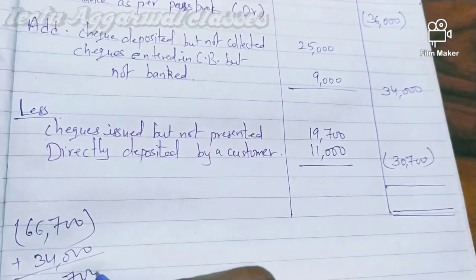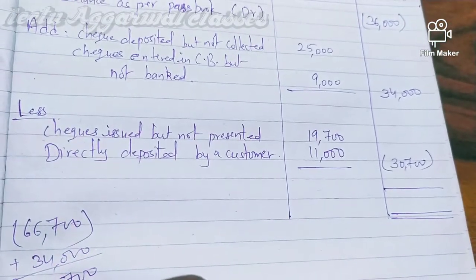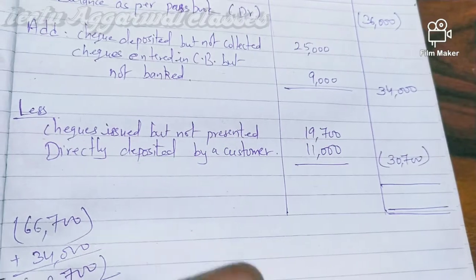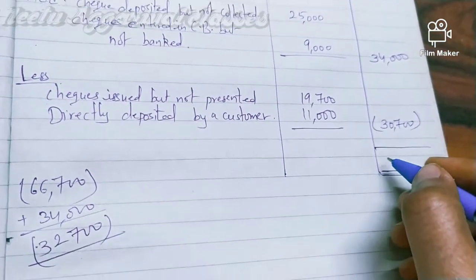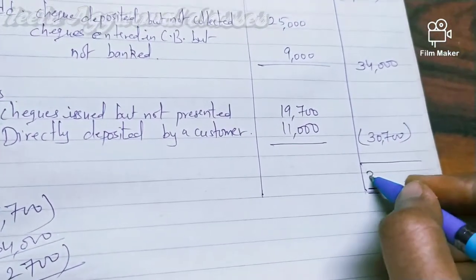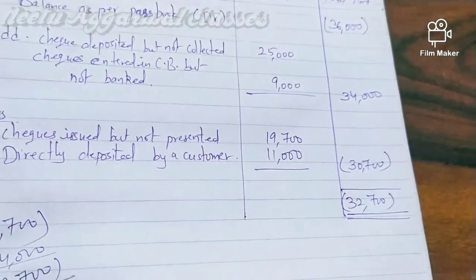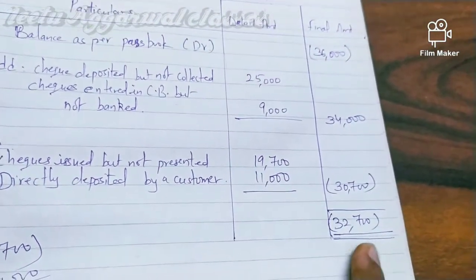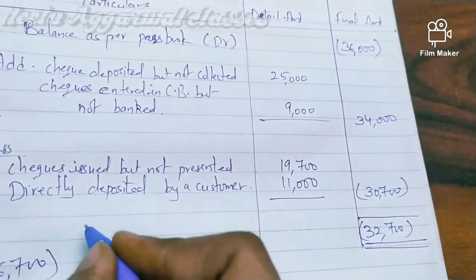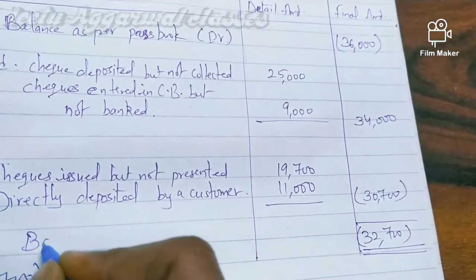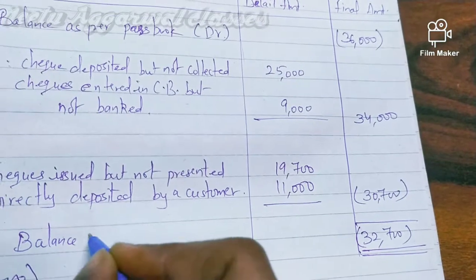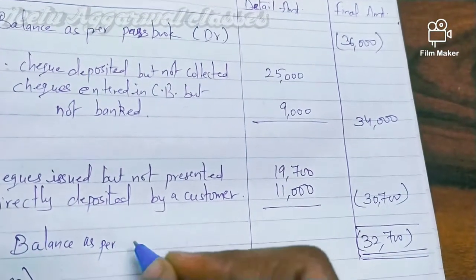So what we get over here is 32,700, a negative amount. But what do we write here? Balance as per cash book.